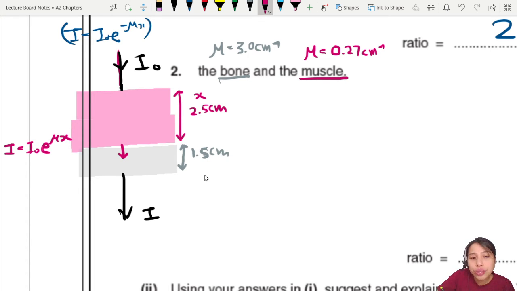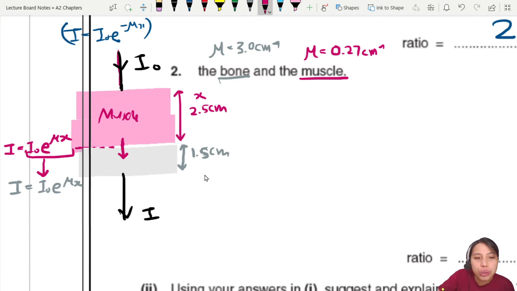Then this ray is what will go into the bone. So for the bone, we have another equation, I equals I naught E mu X. But what is the I naught? I naught is going to be this thing inside here, because what comes out of the muscle will now go into the bone. Remember, this part, pink color, is this.